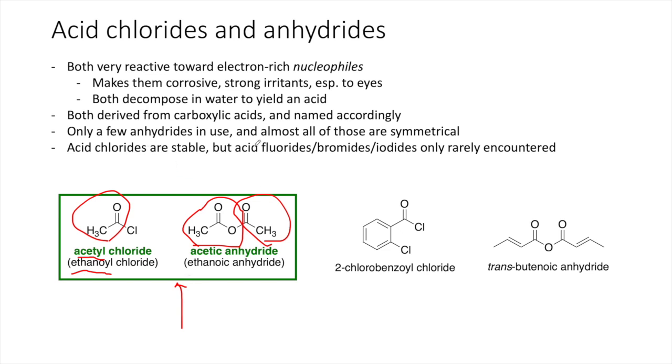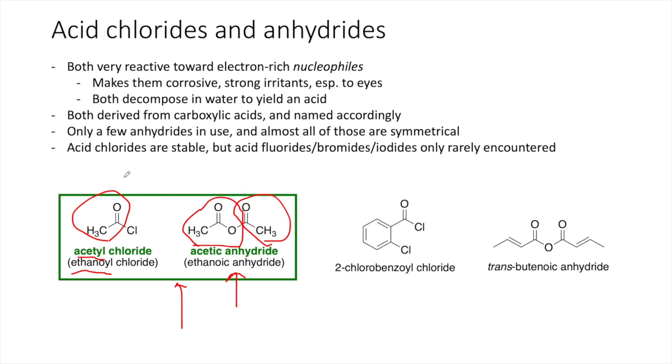There are only a few anhydrides you would ever encounter, and they're almost always symmetrical. So we only need to say the one piece. We don't need to say diacetic anhydride. If we do have two different pieces, I guess we would just name them separately. But for now, we'll focus on symmetrical anhydrides, acetic anhydride being the most important, and we should know it.